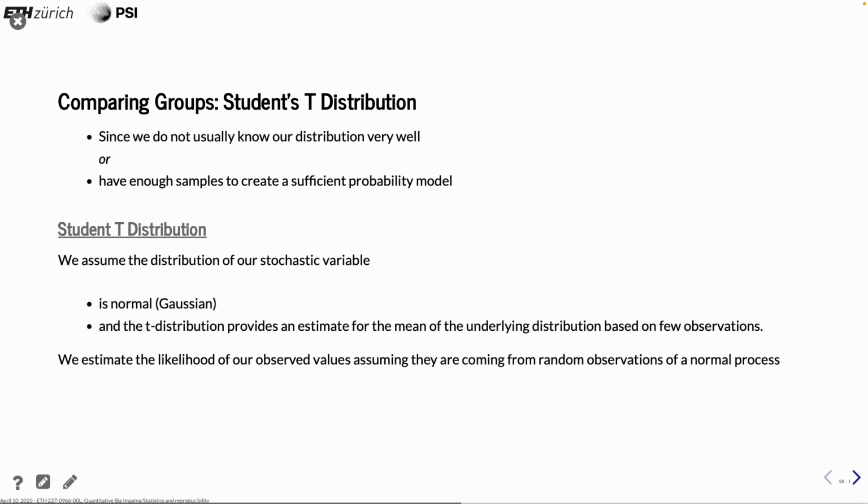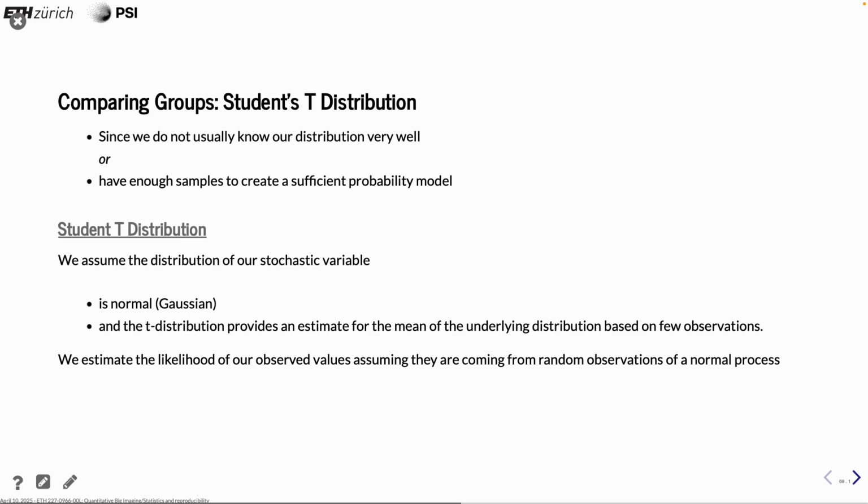That is unlikely. And for that we use the Student t-distribution. It is a go-to method, but it has some assumptions. One thing is you can use it when you don't know your distribution very well.